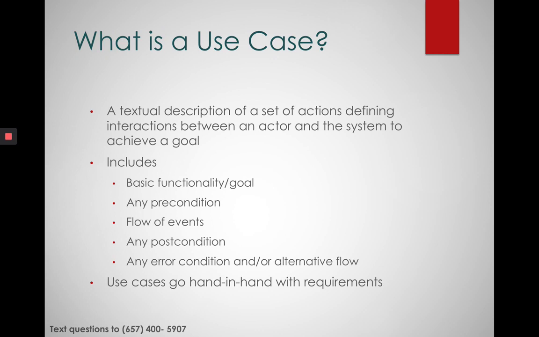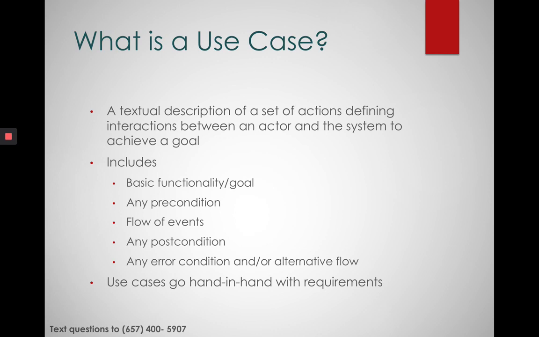There are use case diagrams, but a use case itself is a textual description. And so each use case is about a goal that an actor will have with a system. So some of the goals might be like creating a login or printing a file or changing the font or registering for an account. So some kind of goal, that measurable goal that a user might have or some kind of actor might have with the system.